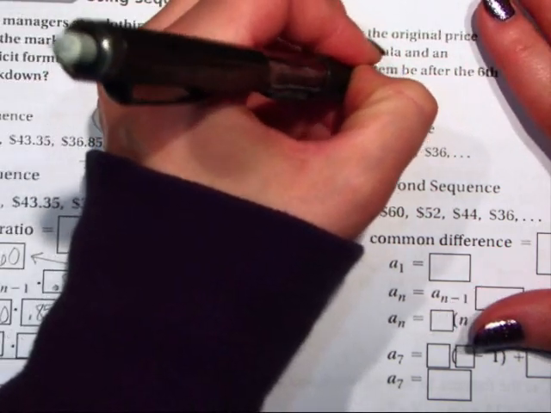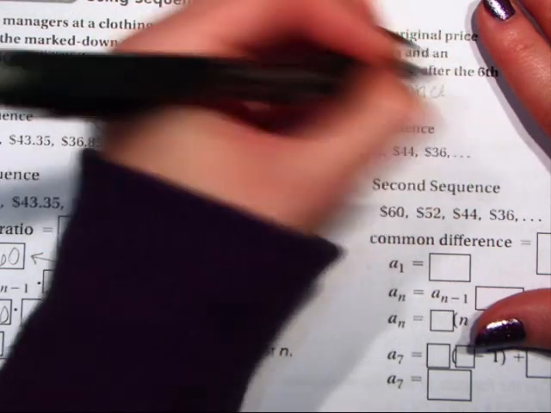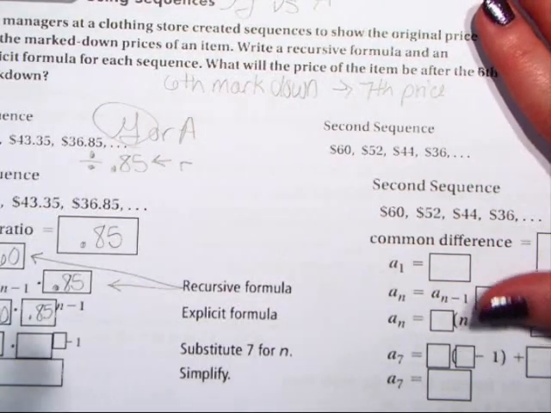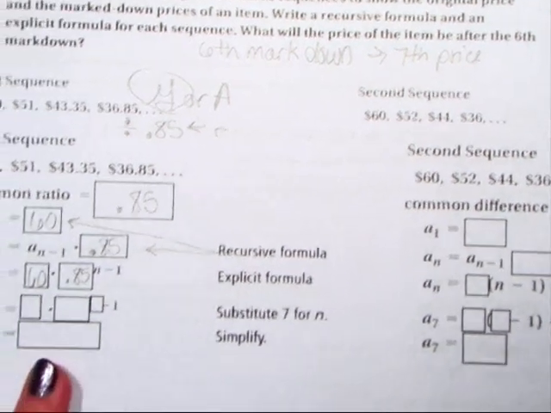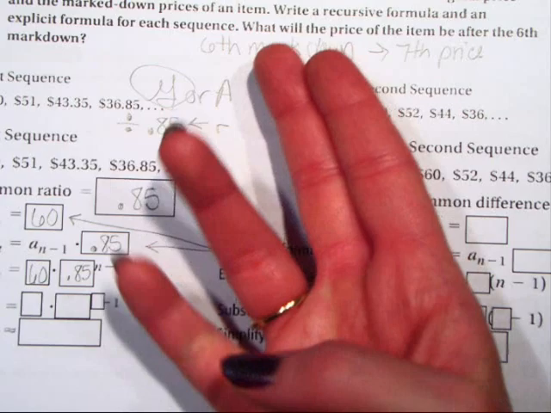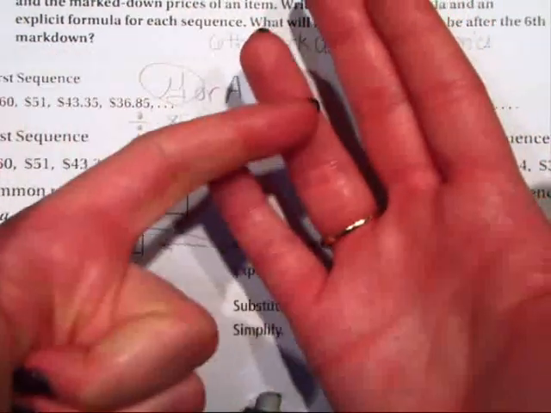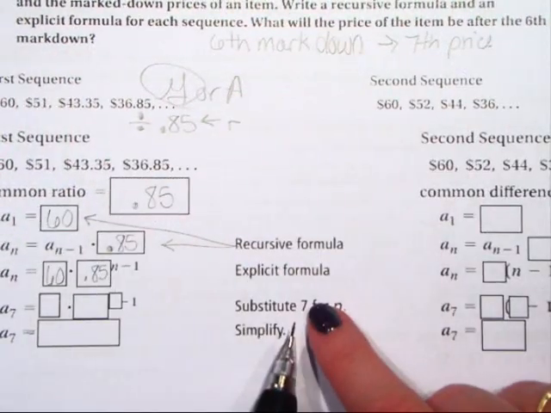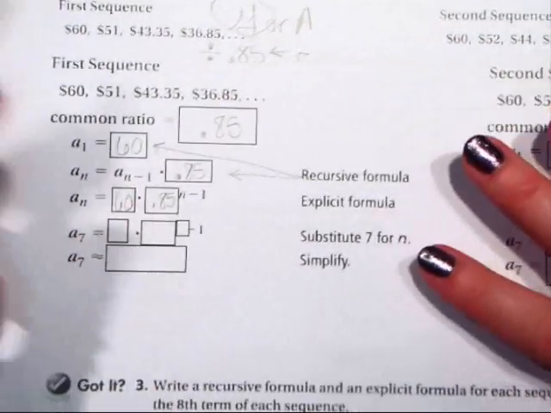That is the 7th price, because you have to consider that it was originally something else. So you have the original, the first markdown, the second markdown, the third, the fourth, the fifth, the 6th markdown. That's why they're substituting in 7.